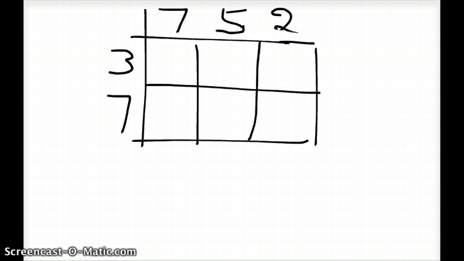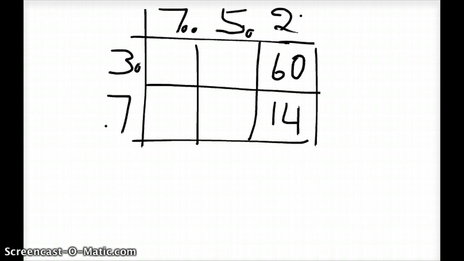Okay, so if I start here, 2 times 7, 14. Okay, 2 times 30, because this is a 30. This is really a 30, right? This is a 700. This is a 50. 2 times 30 is 60.